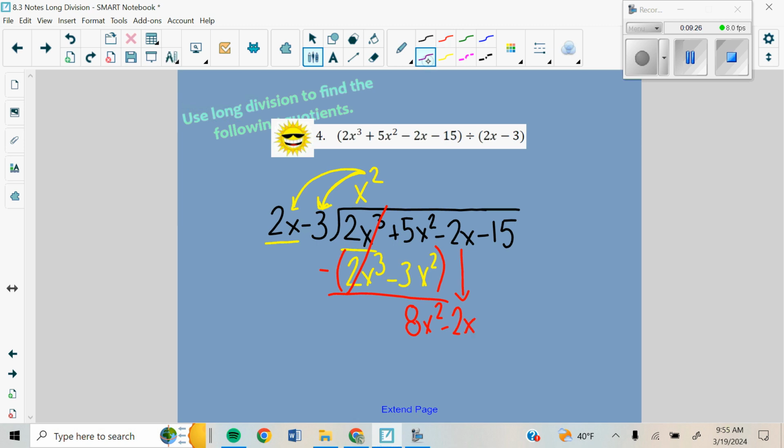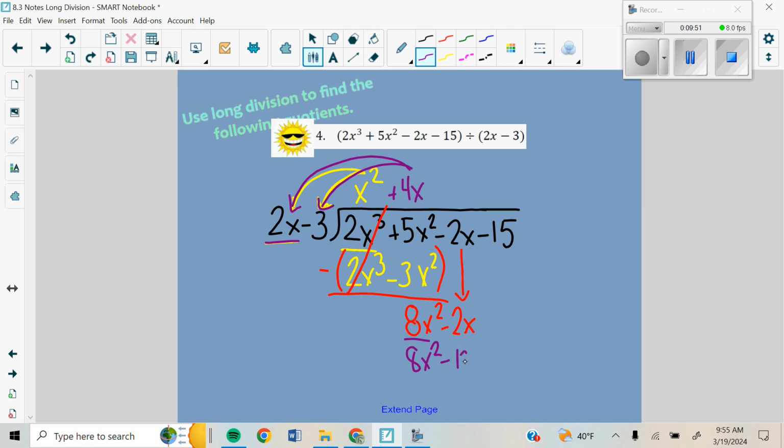All right, so I have 2x, and I need to make it into 8x squared. So I have to multiply it by 4x. Just like we did the first round, we're going to multiply it times both terms. So 4x times 2x gives us 8x squared. 4x times negative 3 gives us a negative 12x.